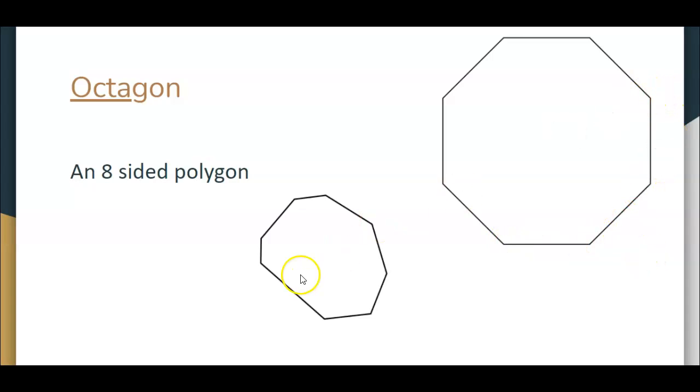Okay, but down here on this other oddly shaped octagon, it's still an octagon, but we would not call this a regular octagon because the sides are different lengths. And there might be a few because it kind of looks like maybe this top one and this side one might be the same. But for it to be a regular polygon, it would have to have every single side and every angle would have to be the same.